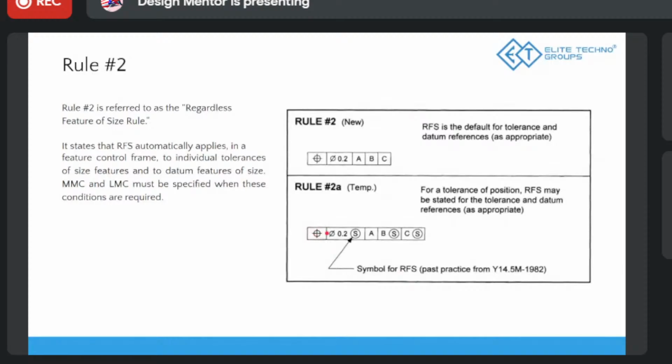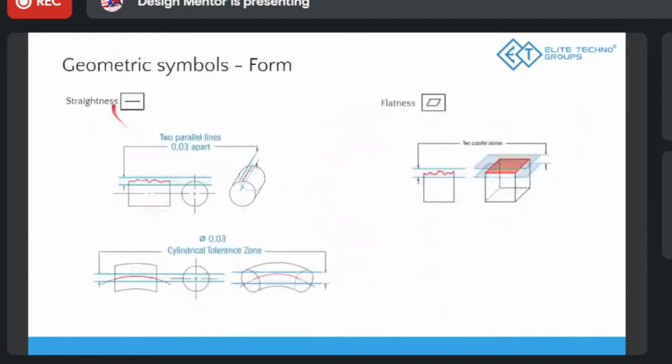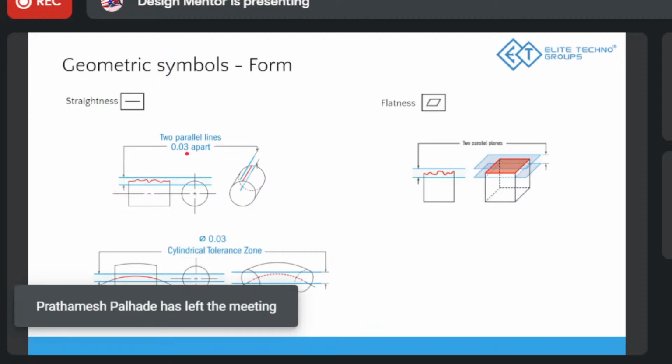So in the first box, if I place this symbol, straightness, it means the shaft should have a tolerance of straightness, not of position. Since we were talking about position, the position of the shaft should vary this much. Now we are talking about the shape of the shaft, the straightness of the shaft should only vary by, let's take the example of 0.03.